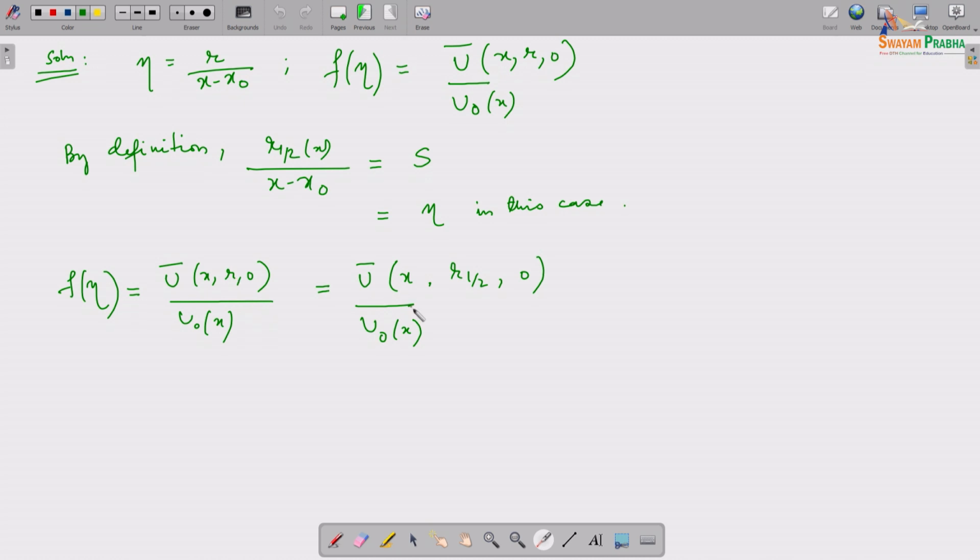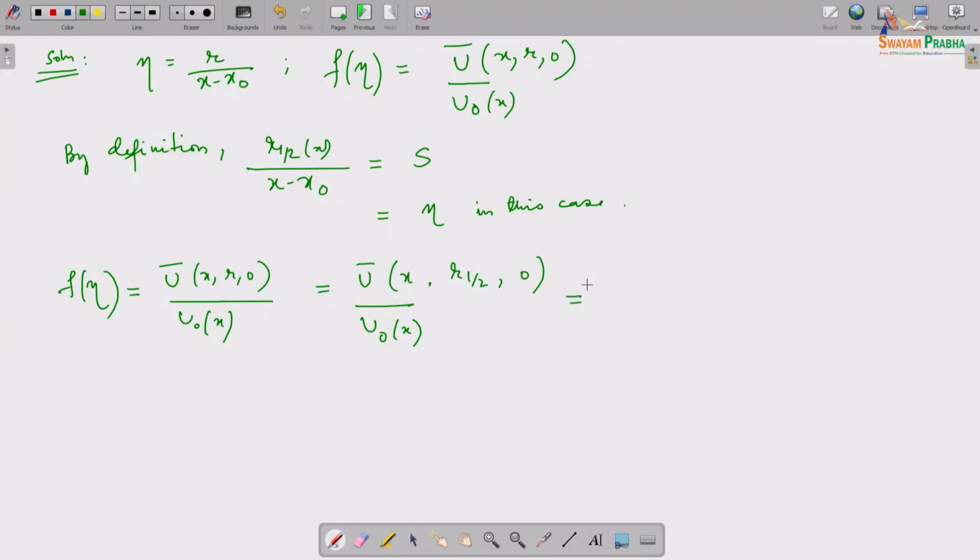So what we are saying here is the mean velocity at the jet half width over u naught, the centerline velocity. What is this? We know from our analysis earlier that by definition of jet half width, the mean velocity at the jet half width is nothing but half of the centerline velocity.